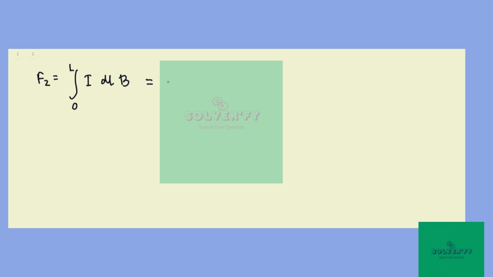So that's going to be 0 to L, and I is a constant, B naught is a constant, also L. These are the limits of dl, and dl is basically dx as I said, and we have a y from the magnetic field, and we find this value to be I times B naught over L.